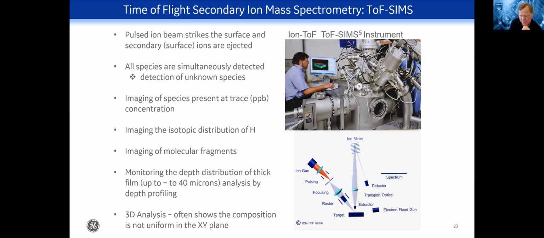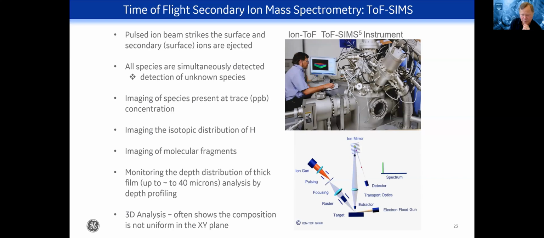Nice features of ToF-SIMS: we have very high chemical sensitivity, parts per million, parts per billion for most species. We collect information related to hydrogen. We get isotopic information.